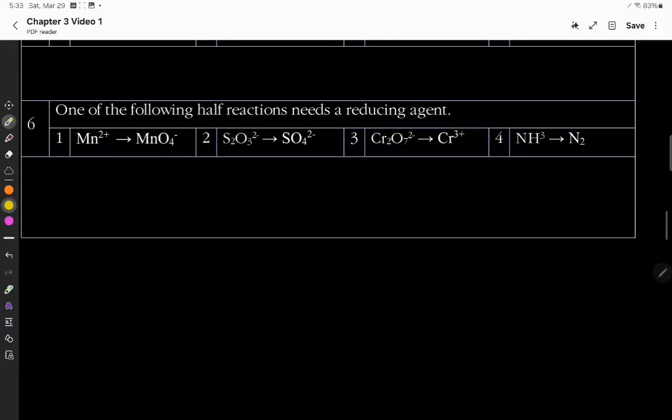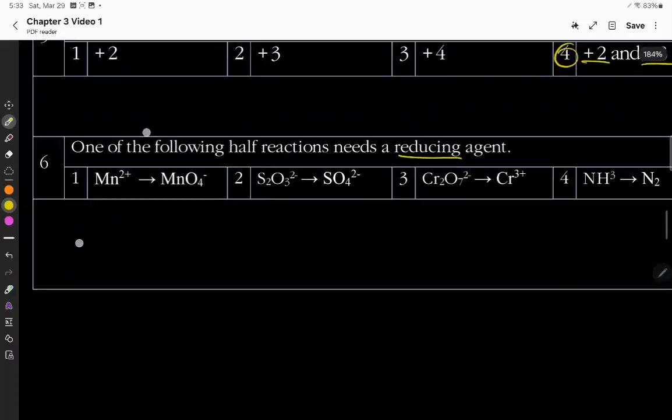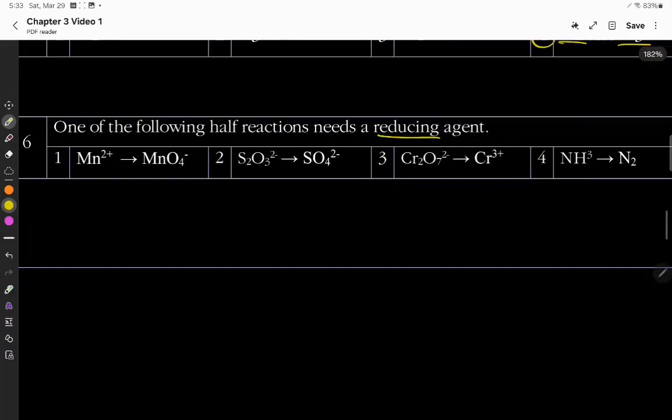We need to find oxidation numbers because sometimes questions ask us which needs a reducing or oxidizing agent. In cases like these, we calculate the oxidation number of the elements in all the choices. The first one, manganese, was 2 positive, and the second one is 7.